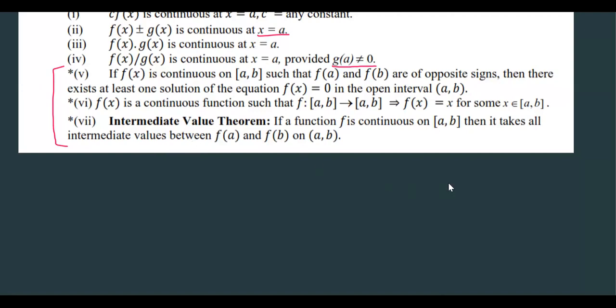So what this property says is, if f of x is continuous on AB such that f of A and f of B are of opposite signs, then there exists at least one solution of the equation f of x equal to 0 in the open interval AB.